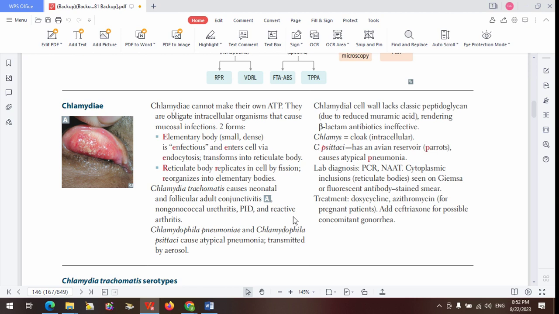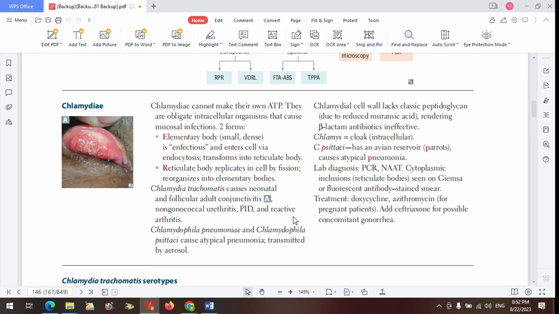There are different species of chlamydia. We have Chlamydia trachomatis, Chlamydia pneumoniae, Chlamydia psittaci. The important one that they commonly test is Chlamydia trachomatis. This organism is responsible for causing eye infection as well as genitourinary infection.